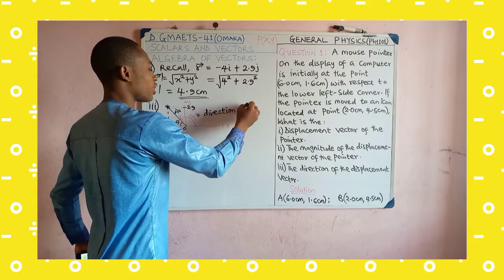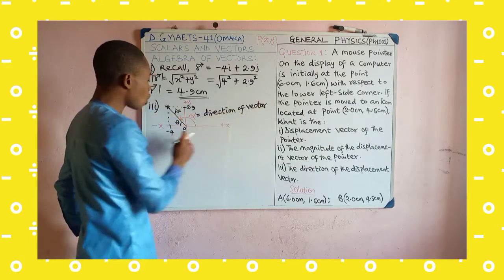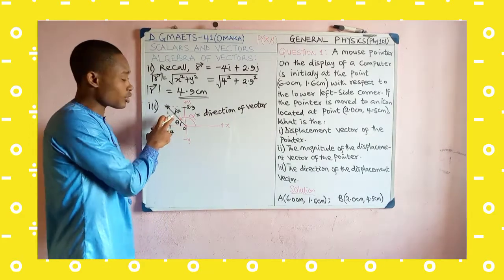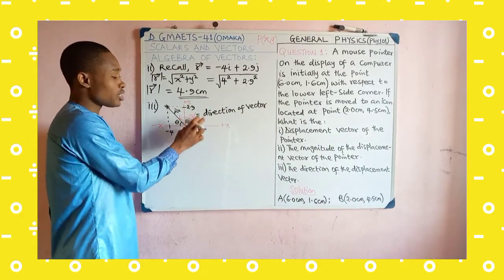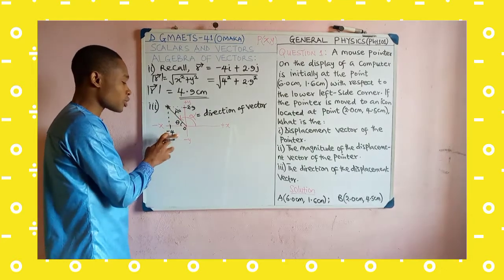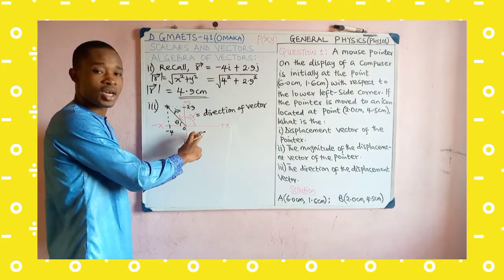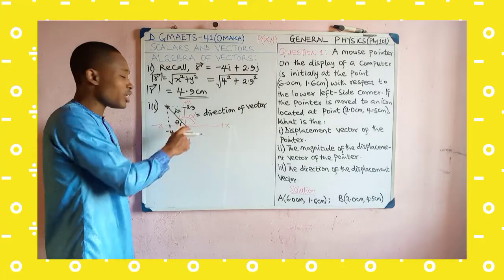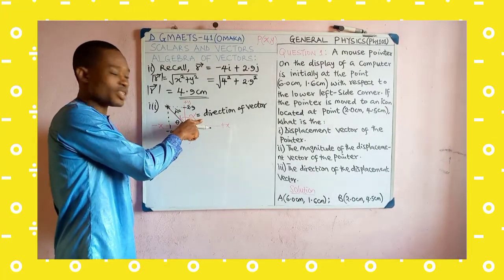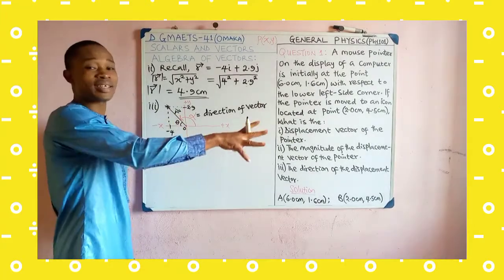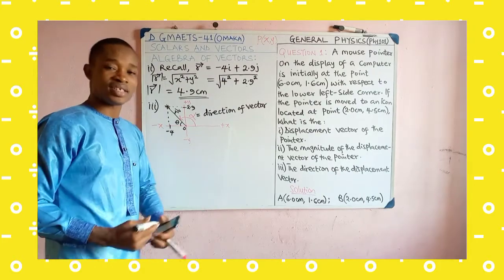Direction of vector. In fact, it is only when this displacement vector is in the first quadrant, because this is first quadrant, second quadrant, third quadrant, and fourth quadrant. It's only when this displacement vector is in the first quadrant that, if you calculate theta directly and you get the value of theta, you can now say that is the direction.